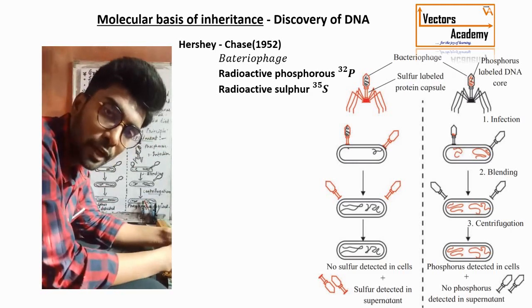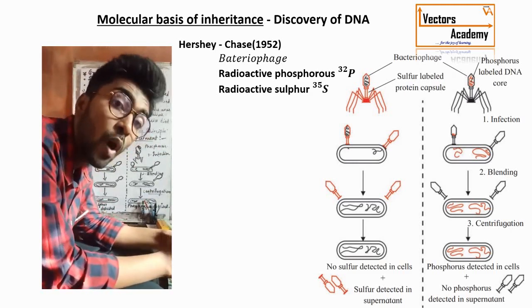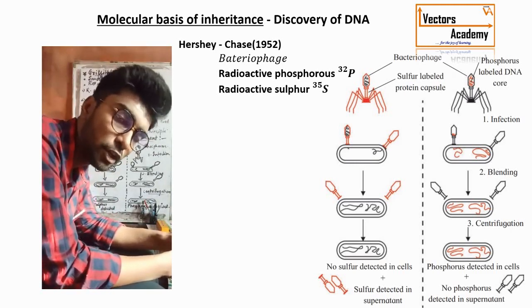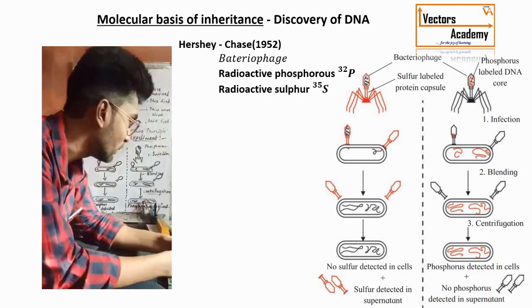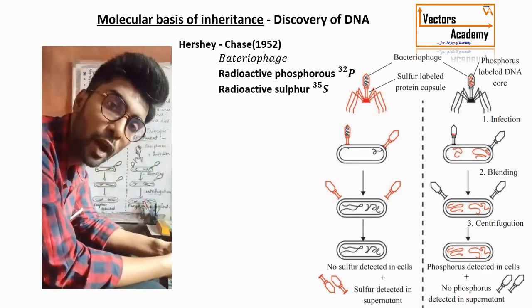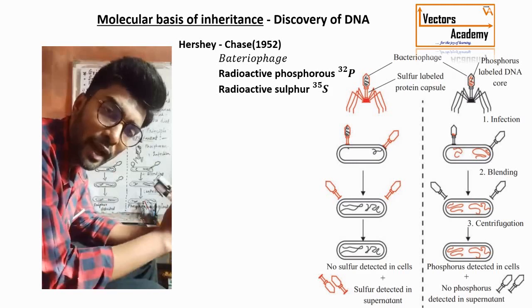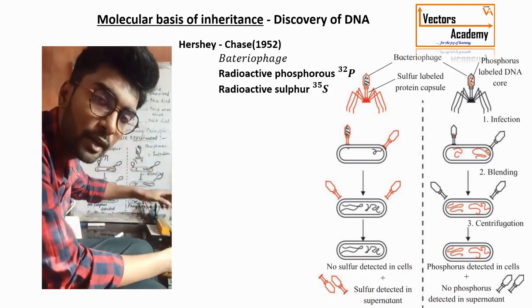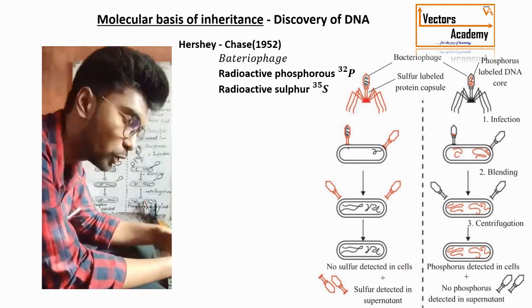So this experiment was based upon viruses that infect the bacterial cell, which are called bacteriophages. Two different mediums were taken, one containing radioactive phosphorus and the second containing radioactive sulfur. The viruses were grown in both media. The radioactive phosphorus medium gives radioactive DNA but no radioactive protein.